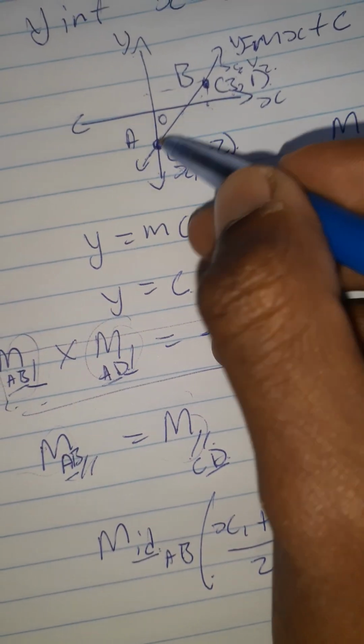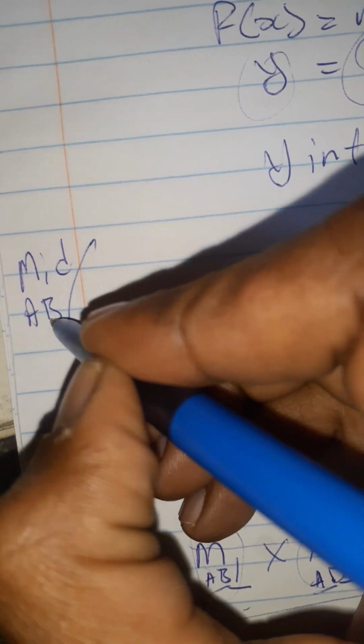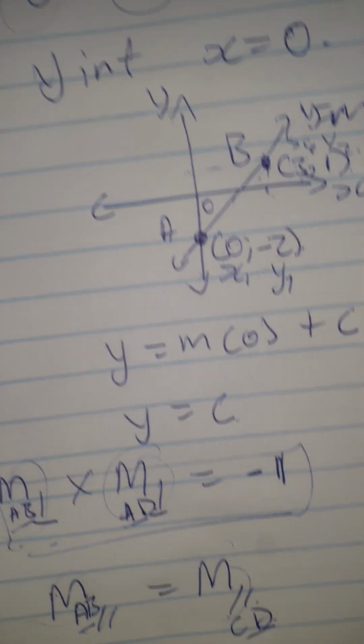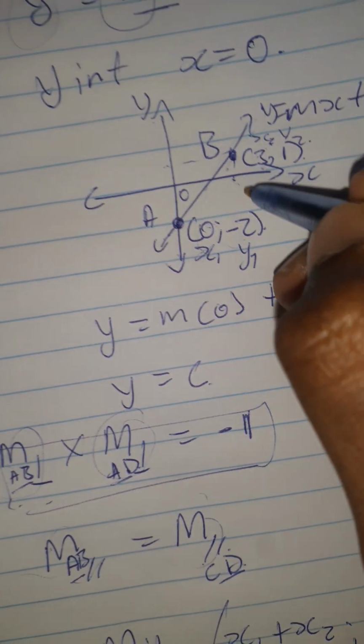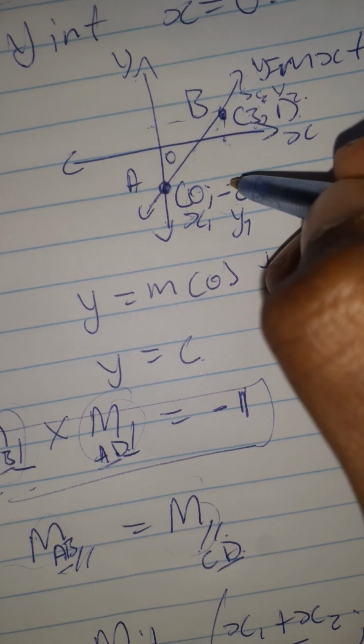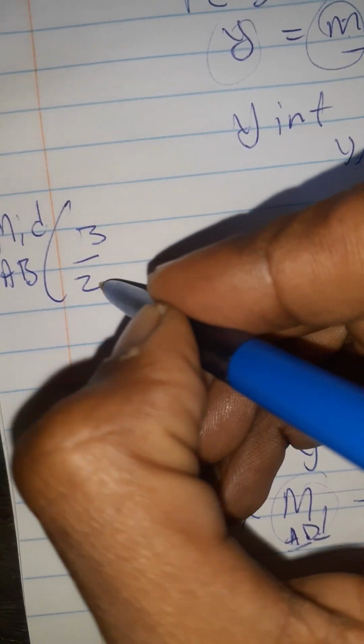So to solve the midpoint of AB, we are going to have x2 plus x1. This is the formula. So it's going to be 0 plus 3, which is 3, divided by 2.